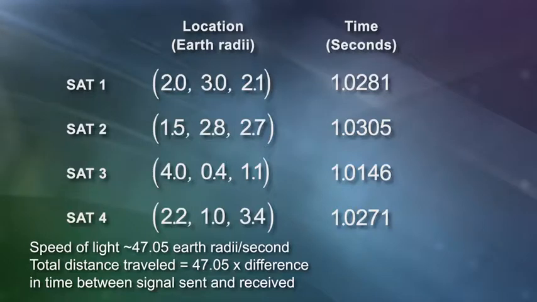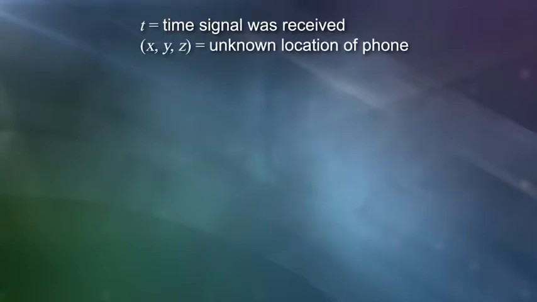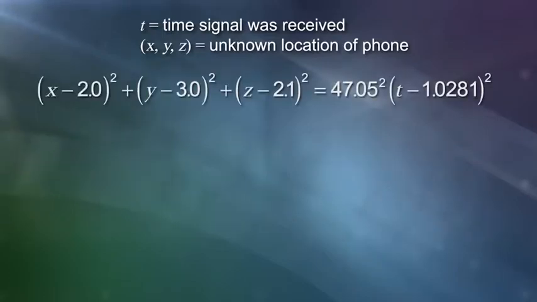So the total distance traveled is 47.05 times the difference in time between when the signal was sent and when it was received. So if t represents the current unknown time the signal was received, and by unknown I just mean your phone isn't actually necessarily accurately keeping time, and if xyz represents the unknown location of your phone, then the first satellite gives us the information in the following equation.